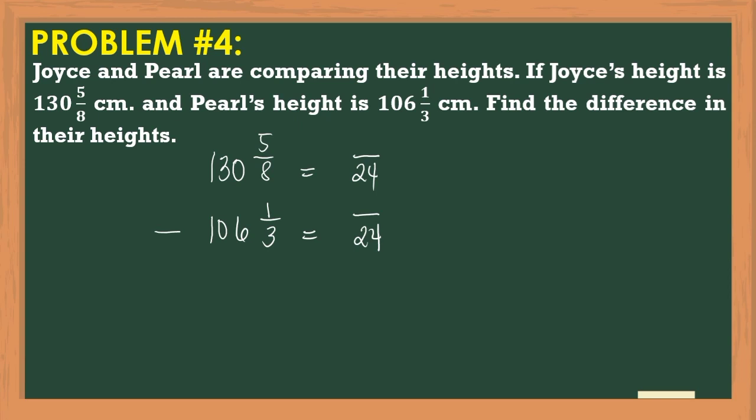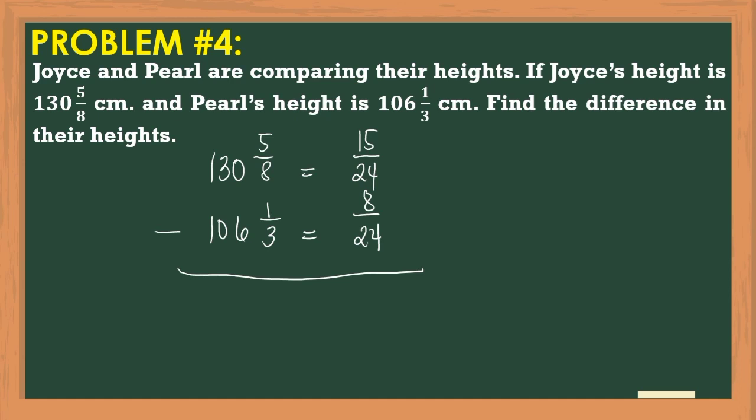And then, 24 divided by 8, that is 3. Times 5, the numerator, that is 15. Next, 24 divided by 3, that is 8, times 1, the numerator, 8. Next. Since naging equivalent fractions na sila, pwede na nating i-subtract.